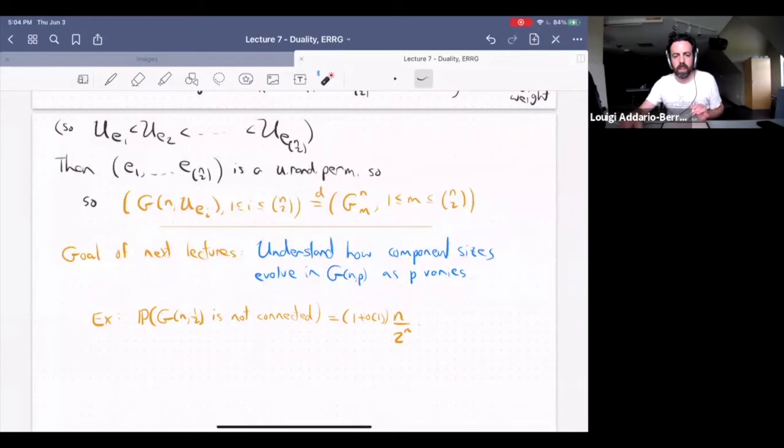Okay, so that's a fairly degenerate kind of answer to the question. I'm going to be more interested in taking values of p where the behavior is a little more subtle and more interesting.